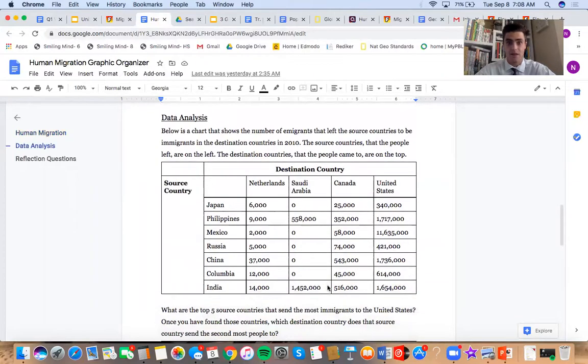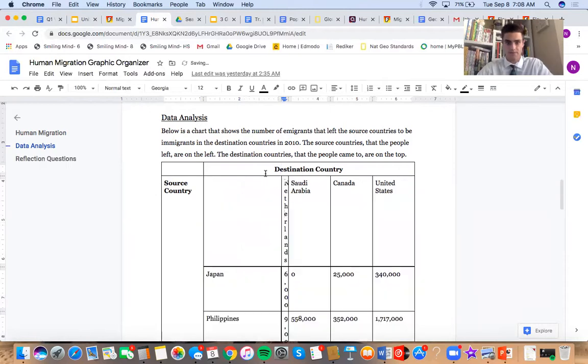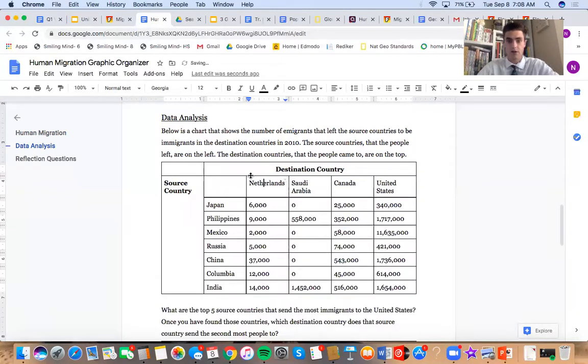Lastly, this is a big, scary chart, right? Wrong. This is a chart with some immigration data analysis, okay? So right here on the left, we have all these countries that have people leaving their country. They are emigrants. And then we have these four countries up here. And these are countries that people are moving to, okay?